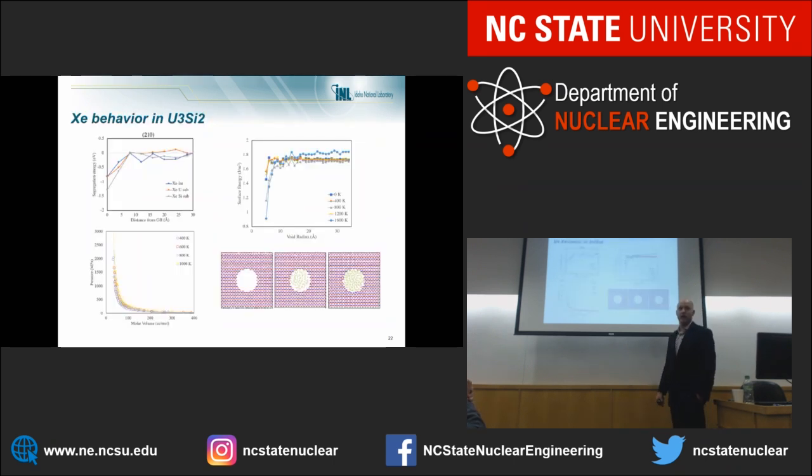So what all have we done for xenon behavior in U3Si2? We've been able to determine the segregation energy of xenon at different grain boundary types. We're seeing that there is a preference for xenon to sit at the grain boundary in these systems, but the preference is very short range. Once you get beyond about 5 angstroms, the xenon acts like it's in the bulk.